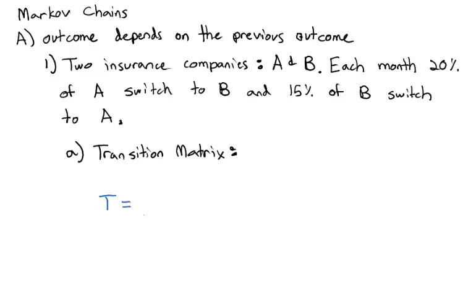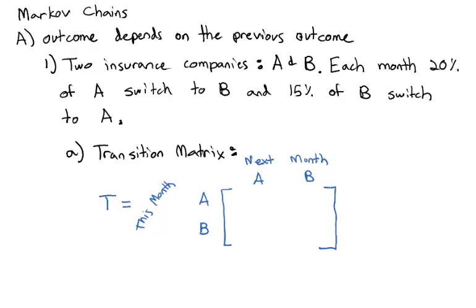To label the rows and columns, we're going to use the rows to represent this month. This month, they're either a customer of A or a customer of B. Then the columns are going to represent next month. Next month, they will either be a customer of A or a customer of B.